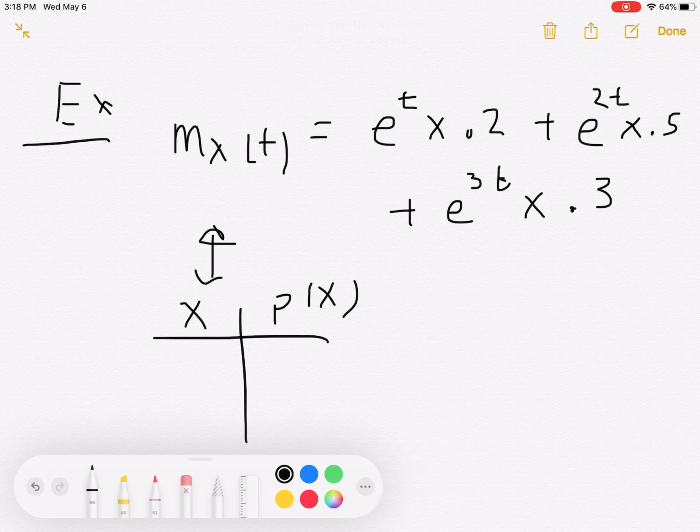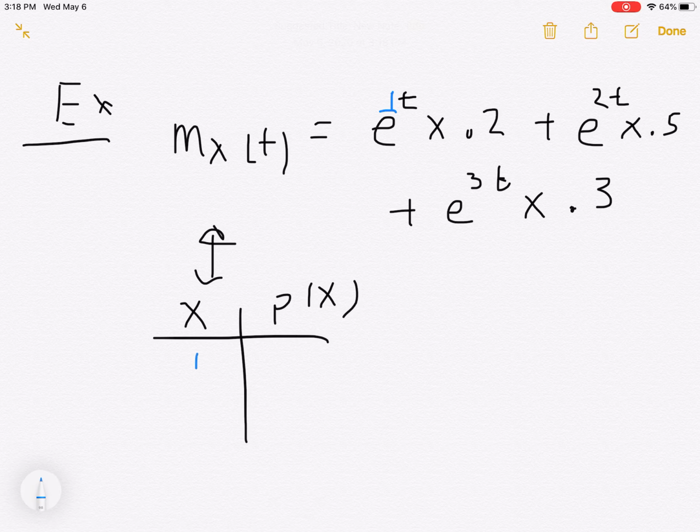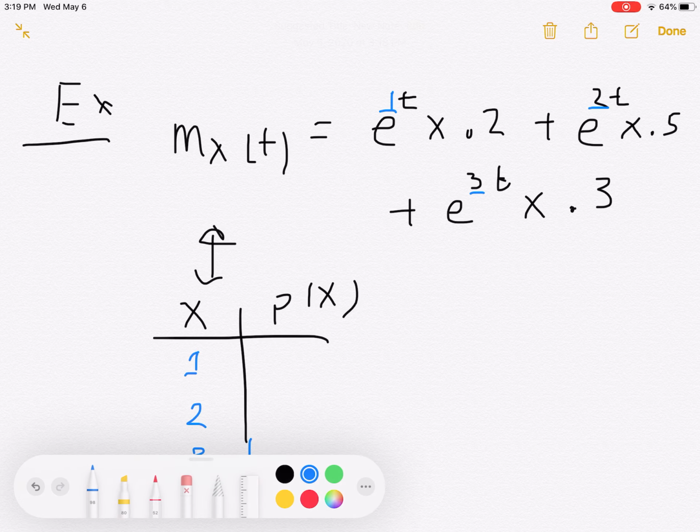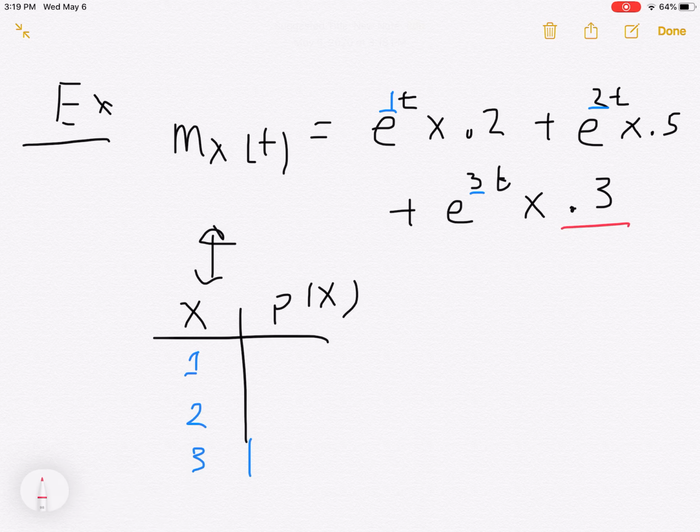Well, keep in mind there's really a 1 here, so I'm going to have a 1 here. That 2 is the value of x here. This 3 is the value of x here. And if I had to read off the probabilities that correspond to it, 0.3 corresponds to the probability of 3, 0.5 corresponds to the probability of 2, and 0.2 corresponds to the probability of 1. And that is my density function.